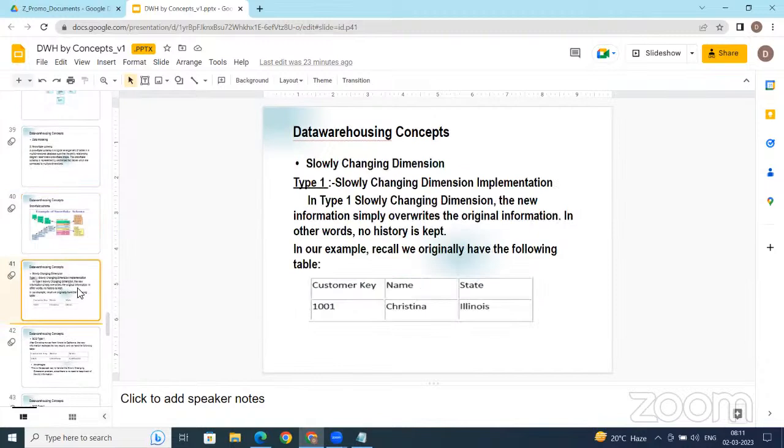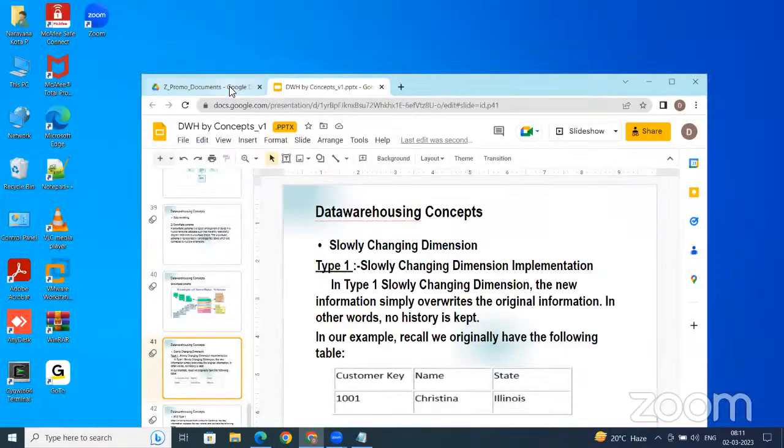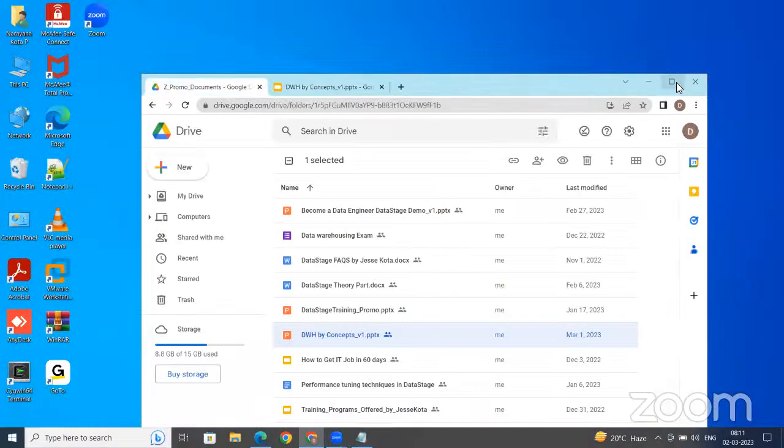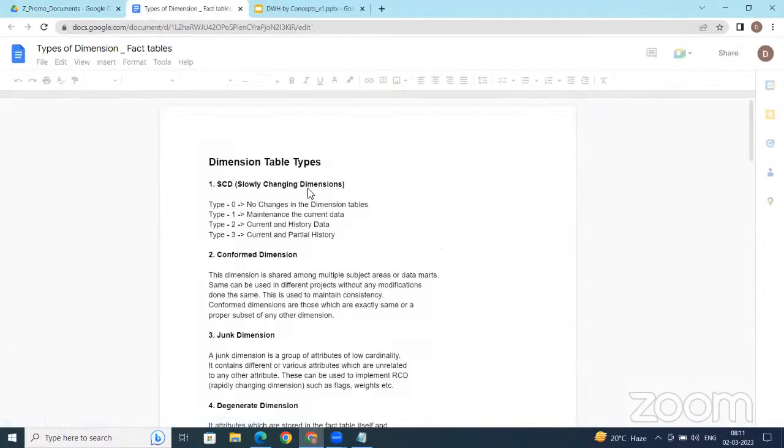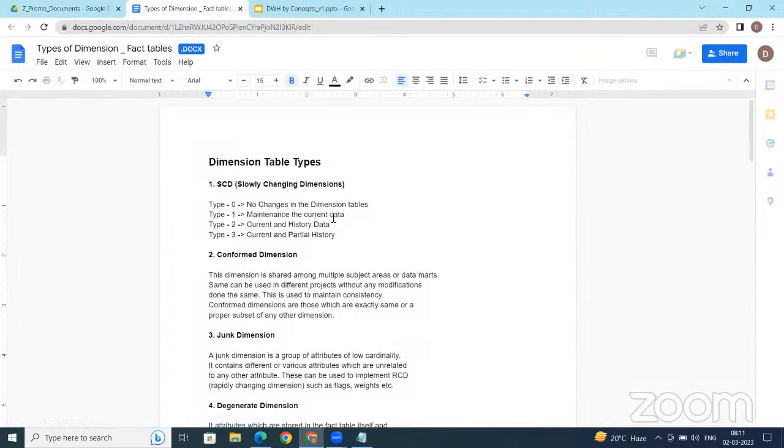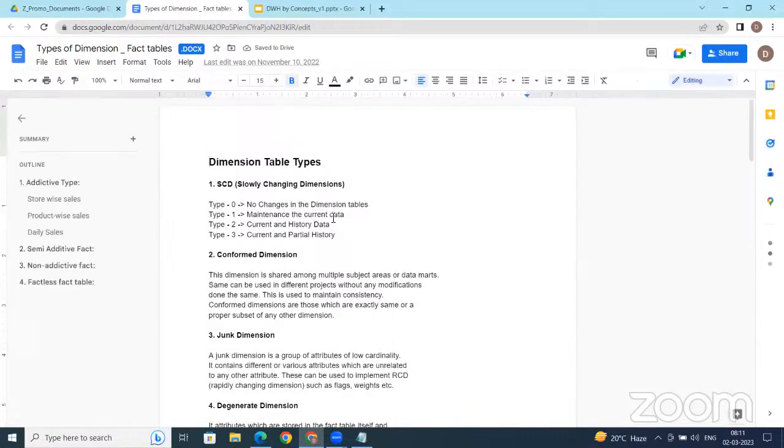Right. Now let's discuss slowly changing dimensions. Before discussing slowly changing dimensions, we need to go through the types of dimension tables. What are the types of dimension tables and fact tables? Let's discuss this. Dimension tables deal with the data of a specific subject of an enterprise.